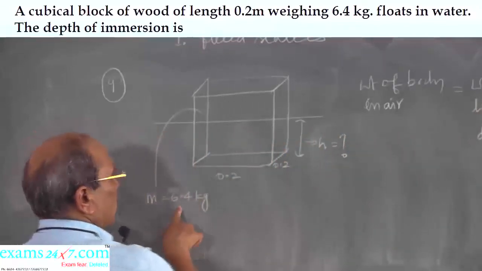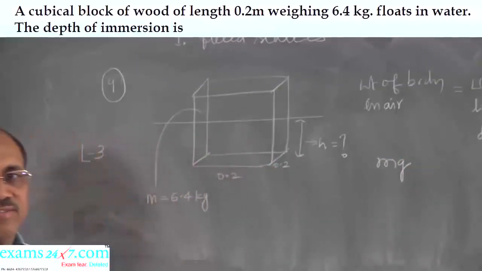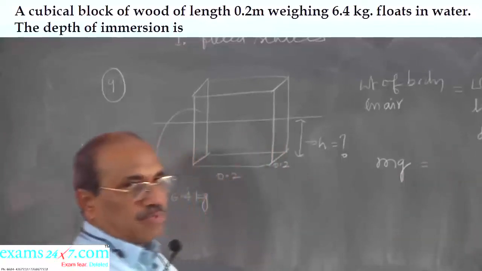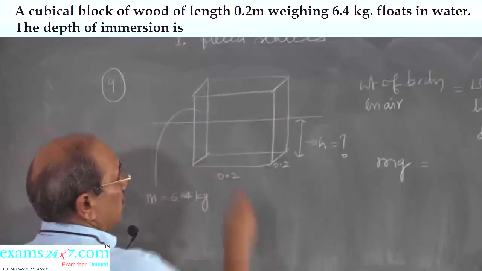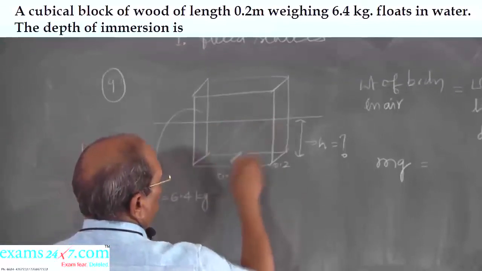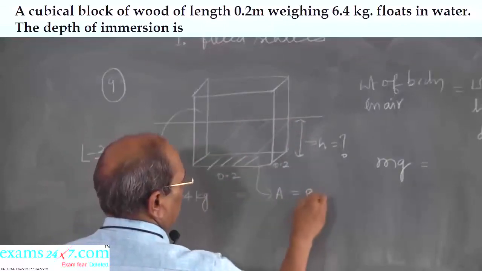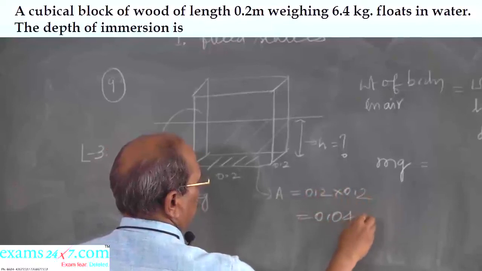Weight of body they have given, however, mass into G. Our one job is easy, one side. Second, volume of liquid displaced, that is water. What is the volume of this portion? You know the base area is 0.2 into 0.2 equal to 0.04 meter square.